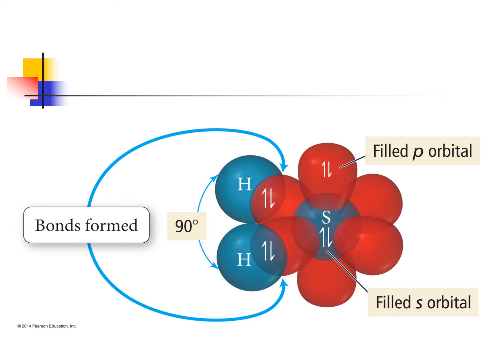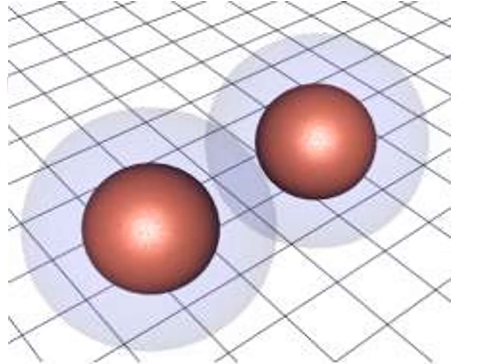Again, then we see those kind of 3 pairs. That's those 2p sublevels. And we are overlapping like a hydrogen's 1s with one lobe of the sulfur's 2p. And then we do that same thing here. This overlap of the orbitals is what's forming the bond. Or like that with 2 hydrogen atoms.